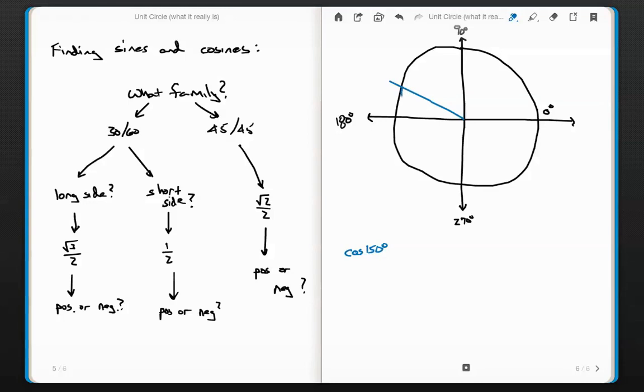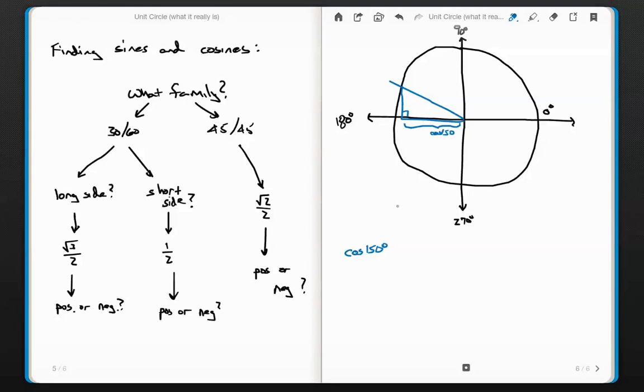And I'm going to draw my reference triangle, which makes a triangle with the x-axis. Okay. Well, if I'm looking for the cosine, I'm looking for the x value. All right, so this has got to be the cos of 150. Right. Well, is this the long side or the short side? What do you think? Long side or short?